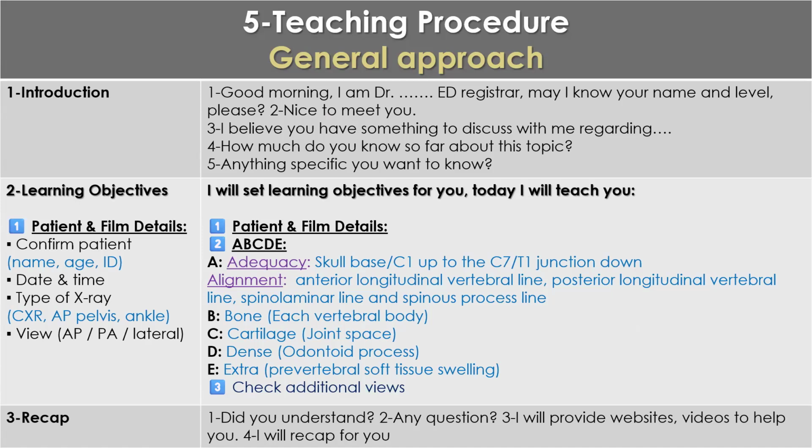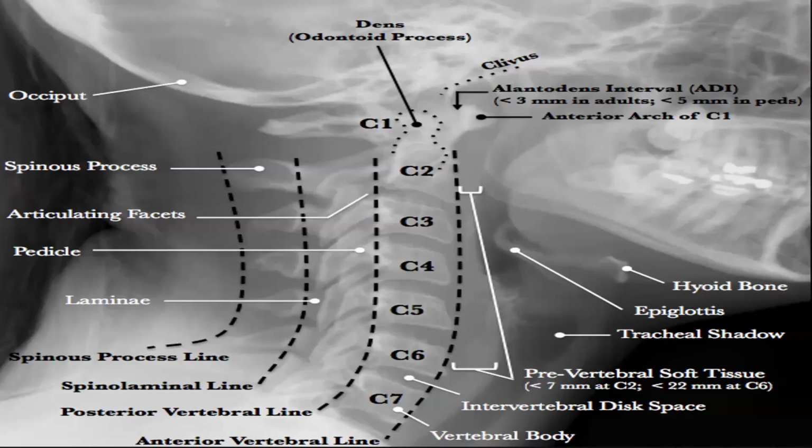I will set learning objectives for you today. I will teach you patient and film details, A, B, C, D, E, adequacy, it means skull base, C1 up to C7 and T1 junction down, alignment, anterior longitudinal vertebral line, posterior longitudinal vertebral line, the spinolaminar line, and the spinous process line.